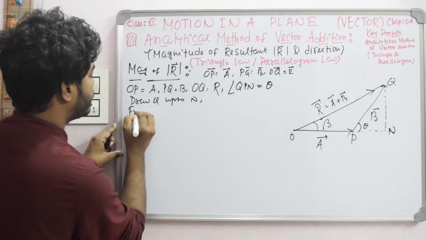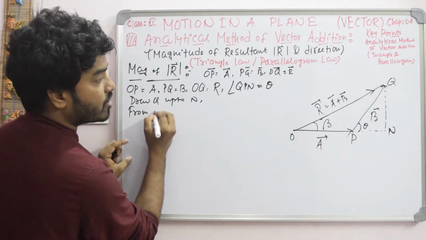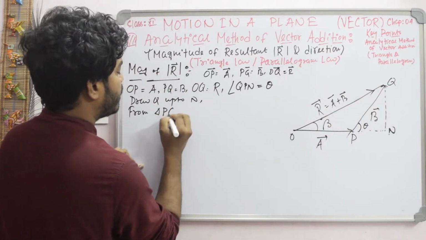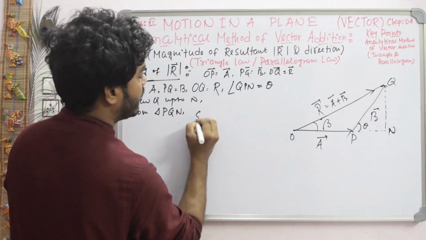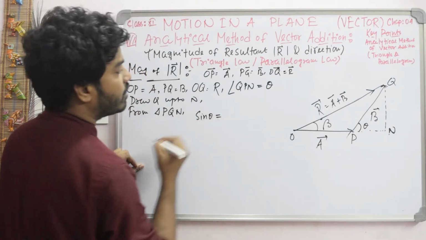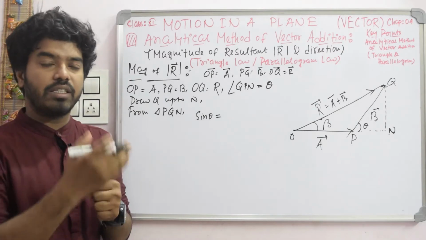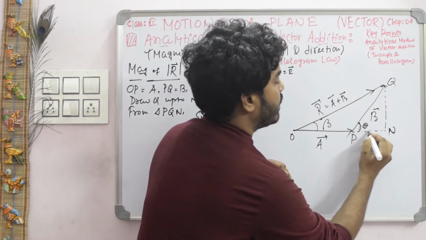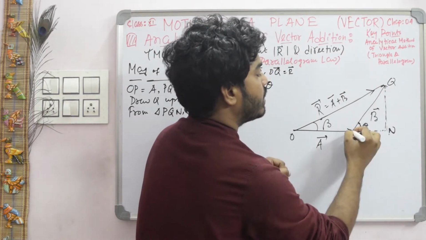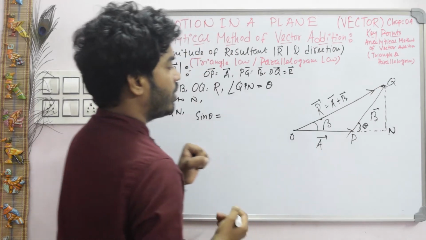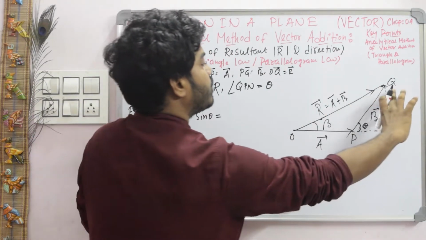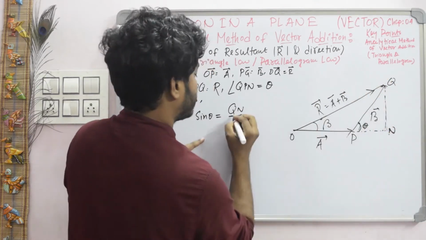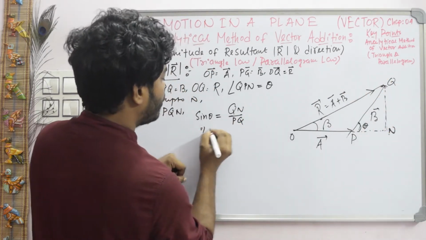From the right triangle PQN, if I ask what sine theta is, you know sine theta is perpendicular by hypotenuse. This angle is theta, so this is the base, this is the perpendicular, and this PQ is the hypotenuse. So sine theta equals perpendicular QN divided by hypotenuse PQ. So what is QN?